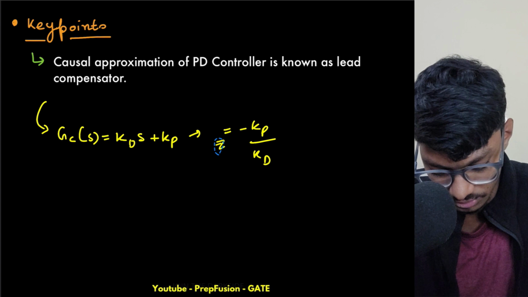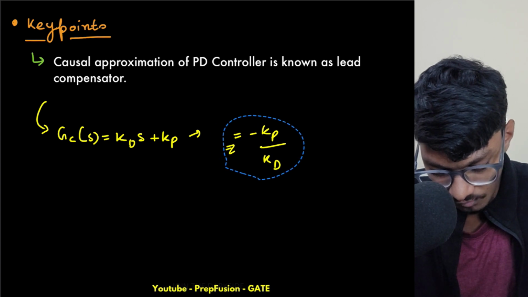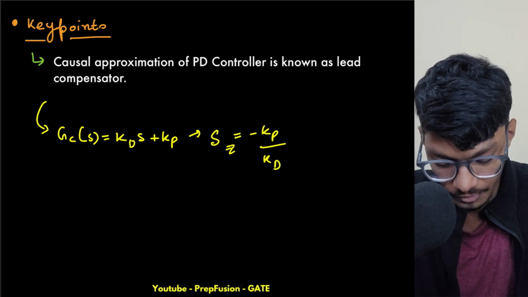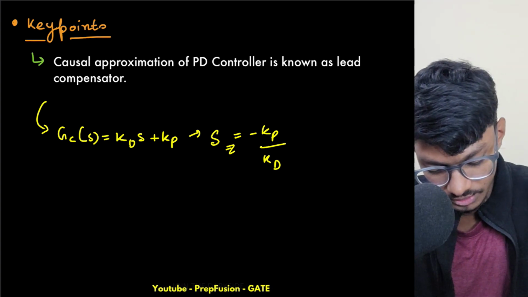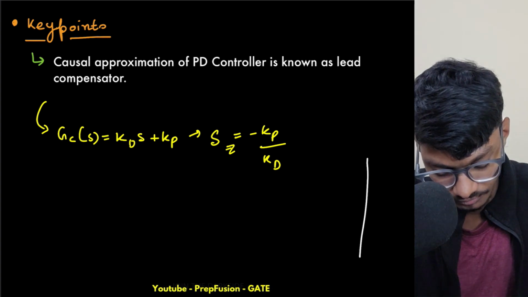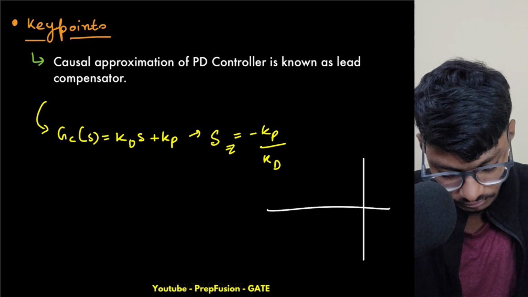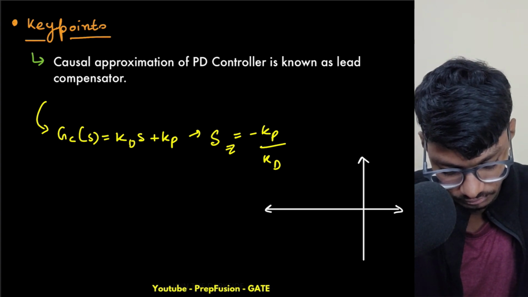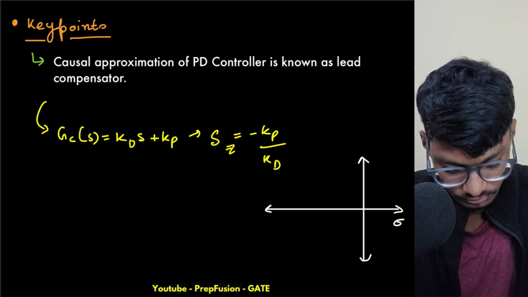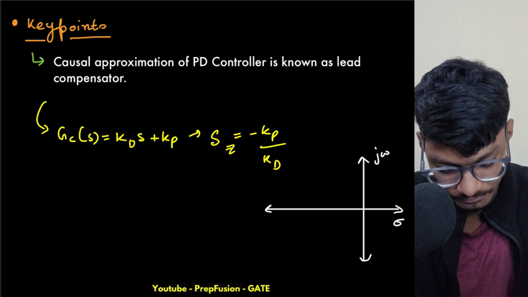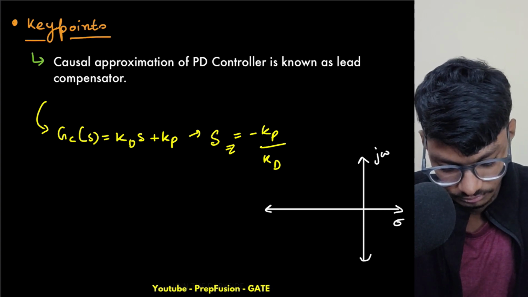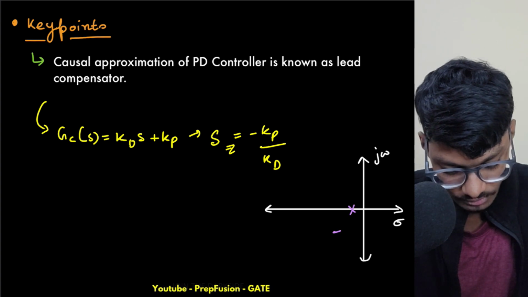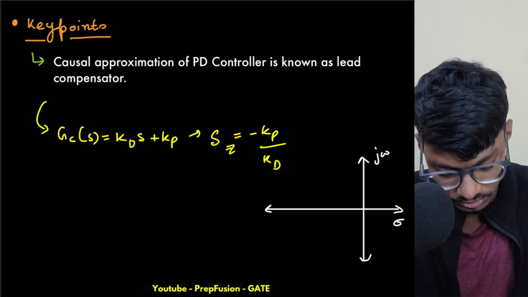Okay, so one zero is lying in this region on the sigma axis. Sorry, this is not a pole.